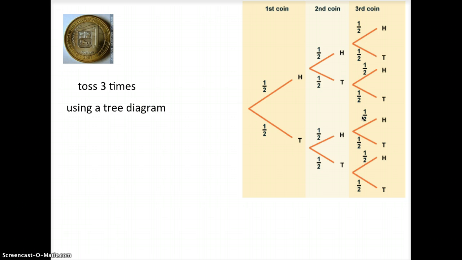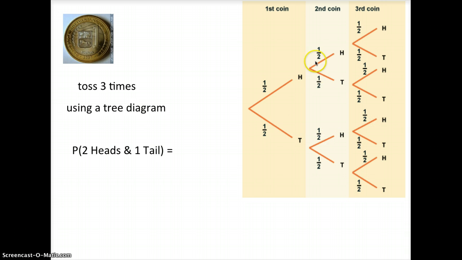Okay, so what if we're going to try to find the probability of getting 2 heads and 1 tail? We need to look at the different situations or events that we're going to have 2 heads and 1 tail. You could have head, head, and tail. You can also have head, tail, and head, and you can have a tail, head, and head.